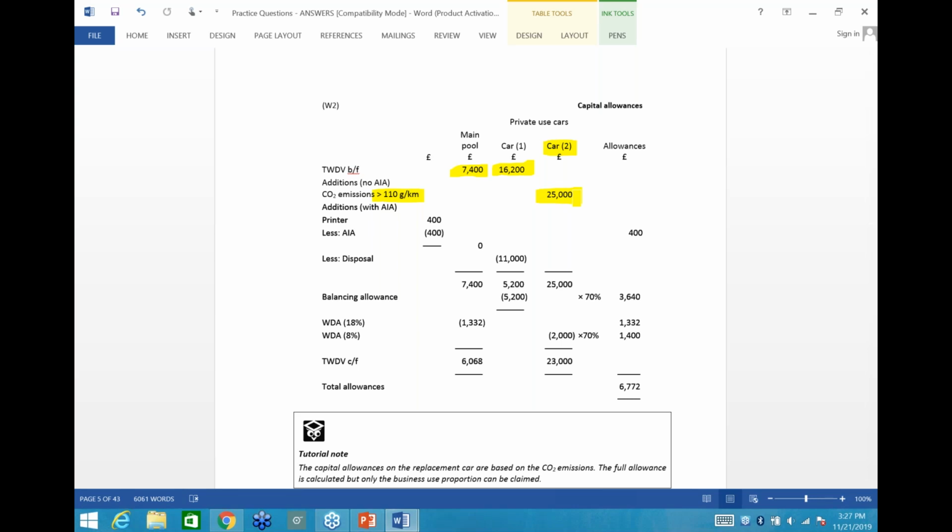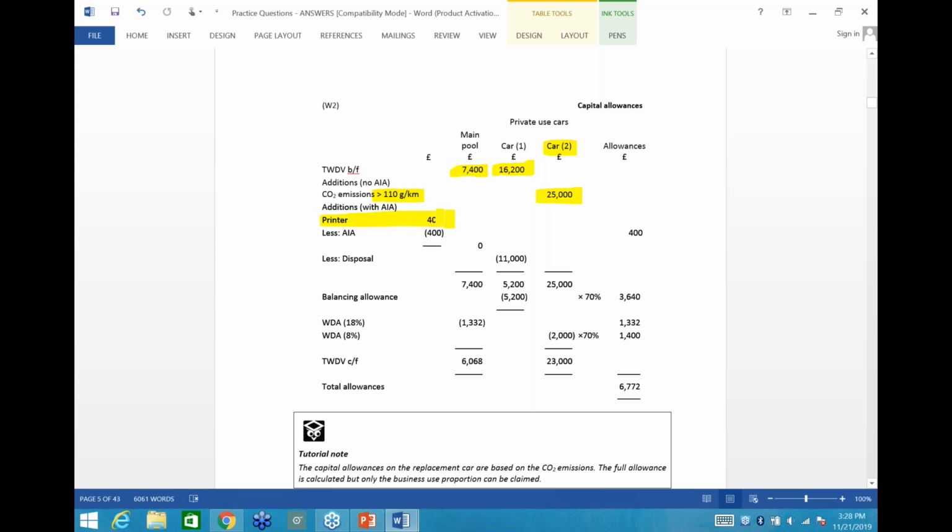Then during the year, don't forget, we have bought another plant and machinery. If you look at repairs and renewals, note number 3, in that I explained we have bought a printer. Printer is a capital expenditure. We could not claim 400 as an allowable expenditure. We had to add it back. But printer falls within the category of plant and machinery, on which we can claim something called AIA.